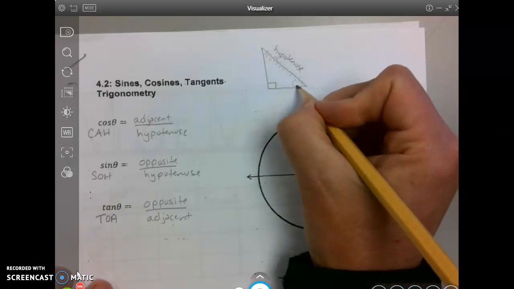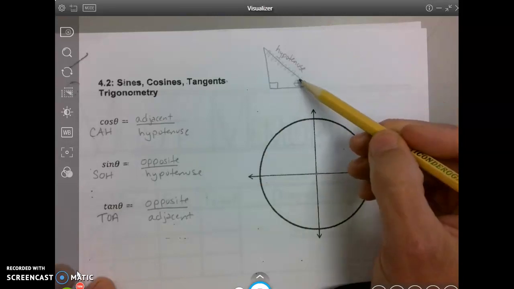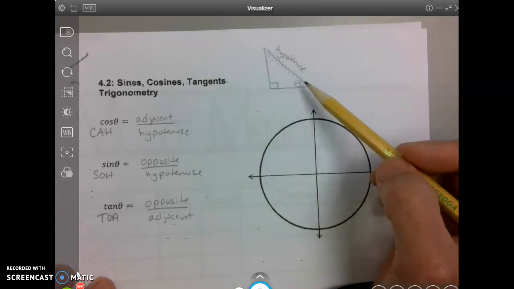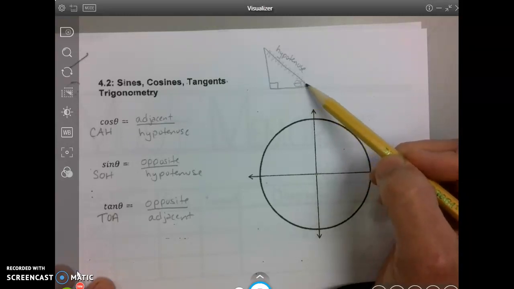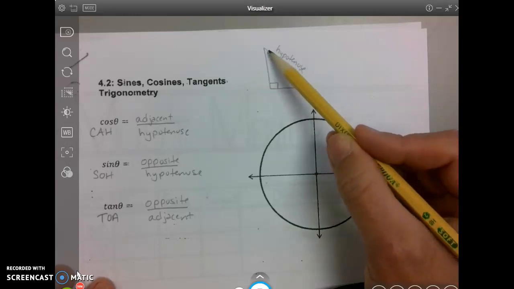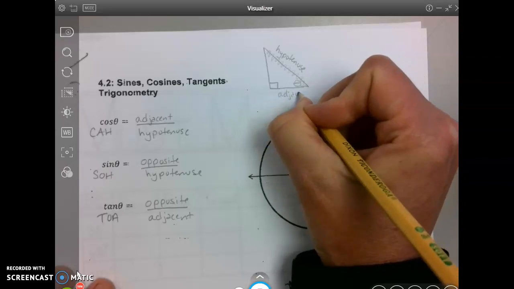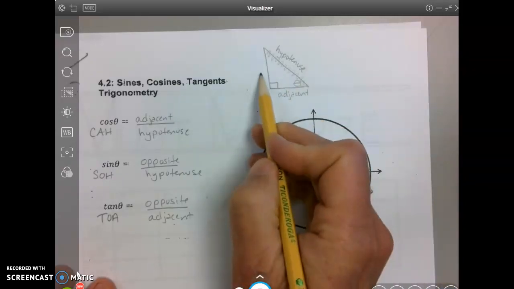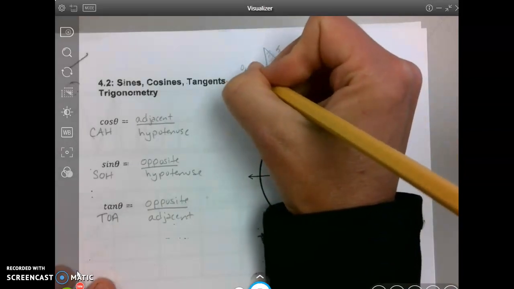Then depending on where I put theta, I have the opposite and the adjacent. Adjacent means next to, which is why I always label the hypotenuse first, because technically next to this angle are both of these sides. But since this side is already called the hypotenuse, this is the adjacent side. And this one, which is across from the angle, is the opposite side.